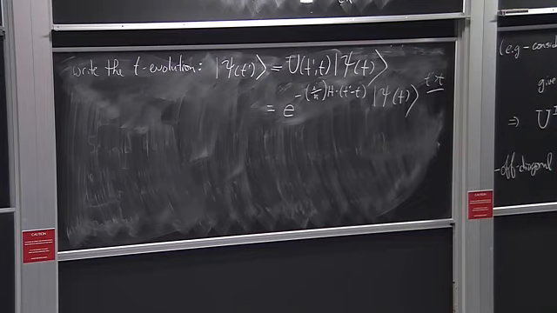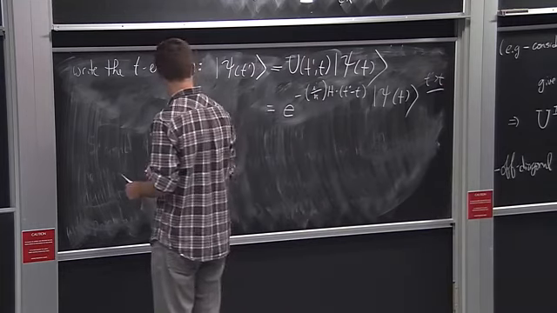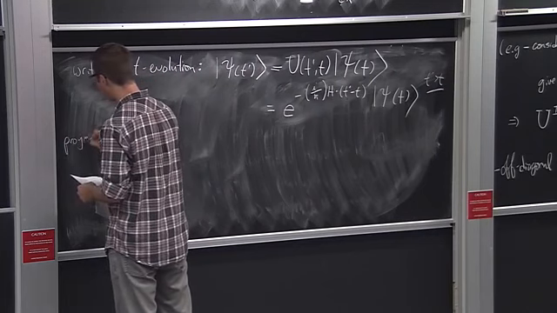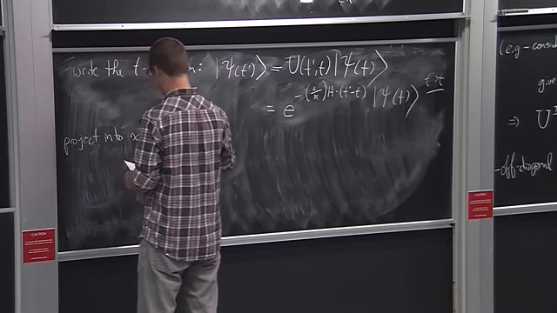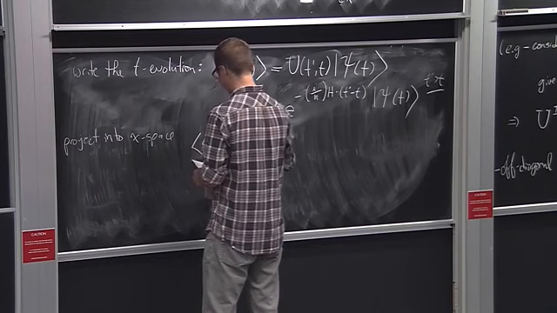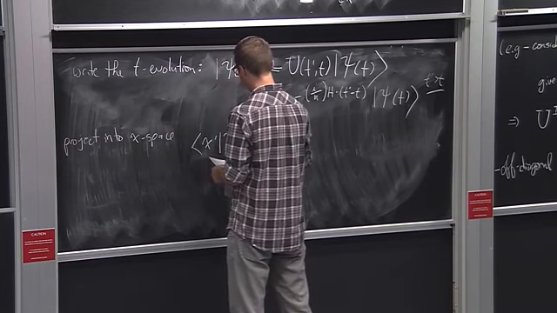Okay, so let me take that first expression. I'll work with U. Just remember that U is the time evolution operator. Let me write this in position space. So then I'd say x, let's call it x prime.